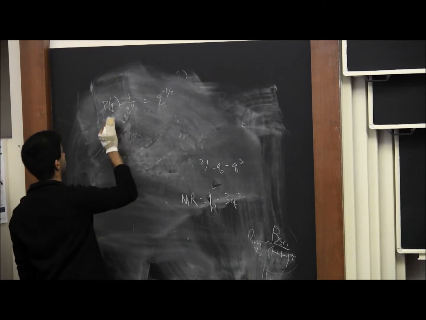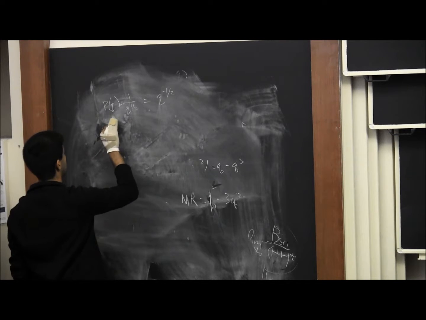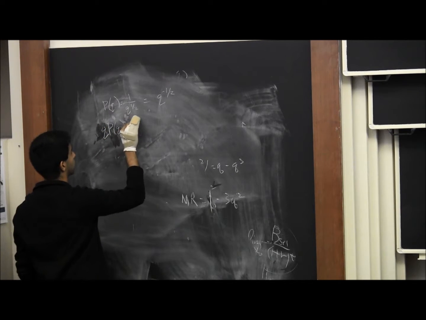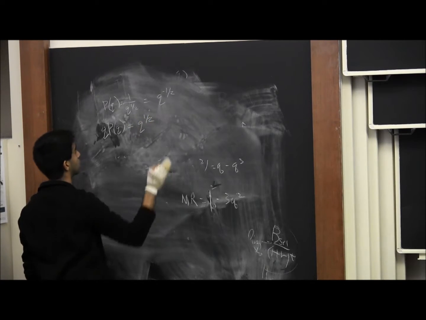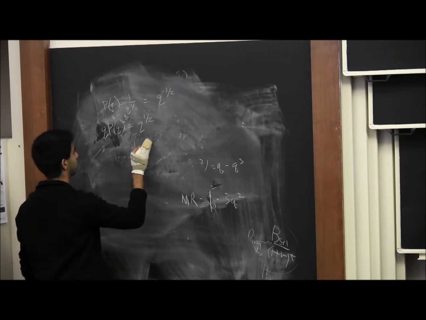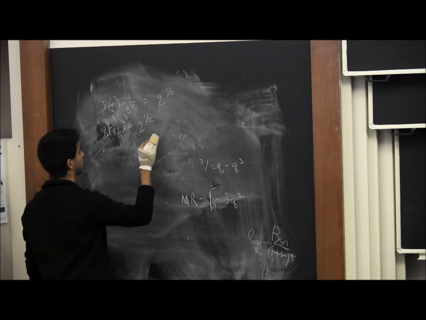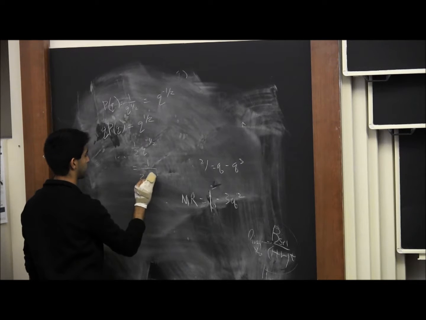So if you take Q times P, you get Q times Q to the negative 1/2, which is Q to the 1/2. And if you differentiate this, you get 1/2 Q to the negative 1/2, which is equal to 1 over 2 root Q.